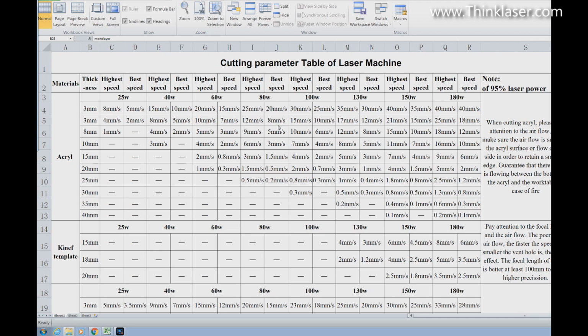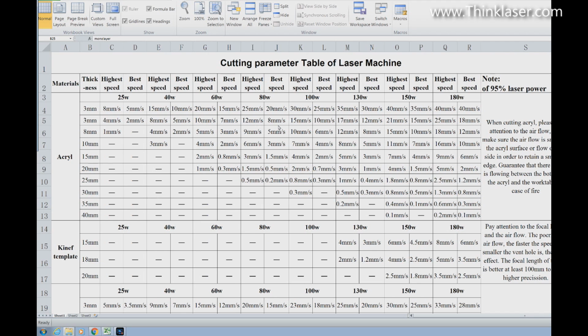With acrylic, there are two speeds that you can cut at. One of them is high speed, and you can put high speed with a lot of air, or you can go slower and you can get a better surface finish using less air. Let's have a quick look at the notes. And sure enough, when we look over at the notes, it says, please pay attention to the airflow.